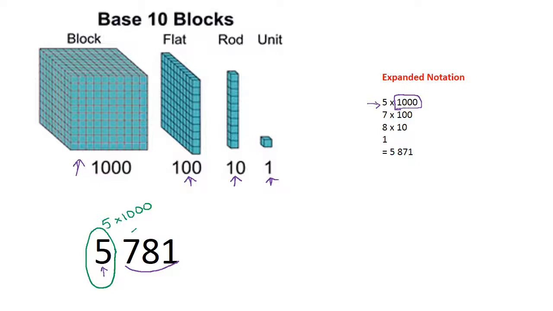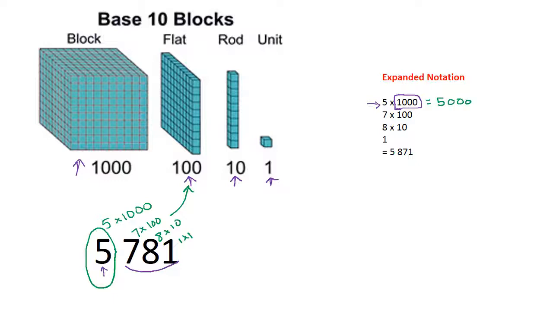The 7 is in the hundreds spot, so that means there are 7 of these plates of 100, meaning 700, right? It means that there's 8 in the 10 spot, and there's 1 in the 1 spot. So that's what they've written over here. Well, what is 5 times 1,000? If I have 5 of those blocks, how many do I have?